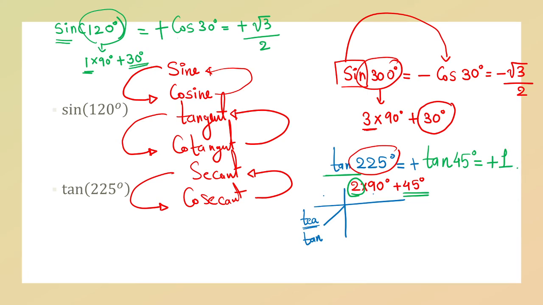Right? So over here you observe that the answers were coming very easily. If you know the steps, it was coming very easily. But it will get difficult if I ask you what is the value of sine minus 120 degree, or the same one, that is tan minus 225 degree. Because when the angles are negative, it is difficult to find the quotient and remainder.